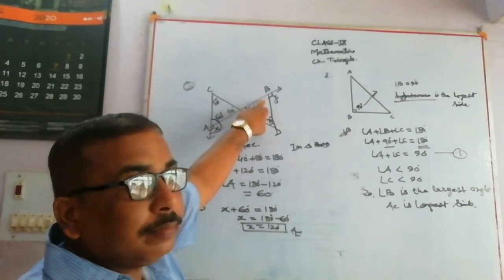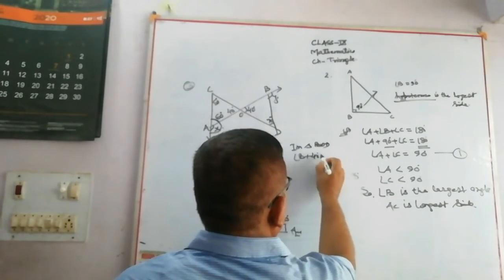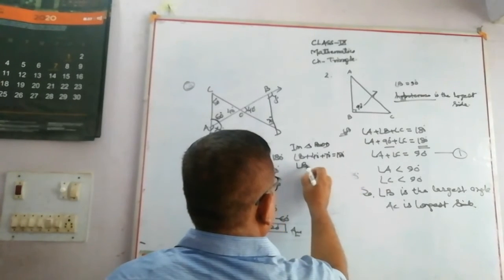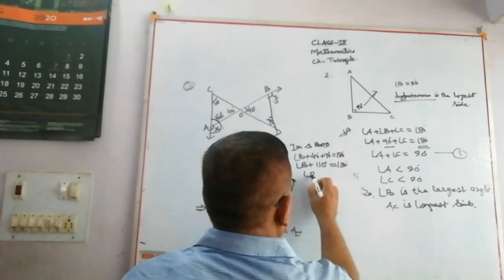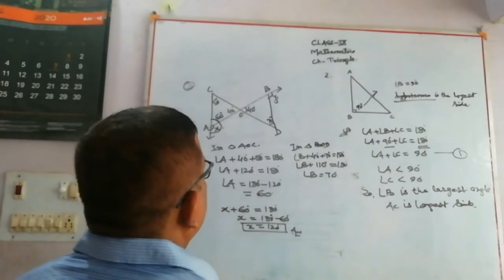Then you find angle B. Angle B plus 40 degree plus 70 degree is 180 degree. Angle B plus 110 degree is 180 degree. Angle B is 70 degree.